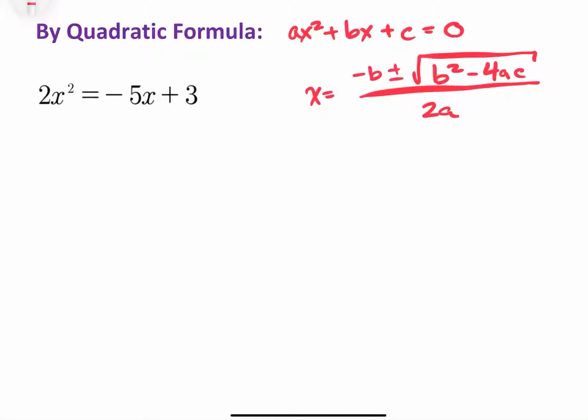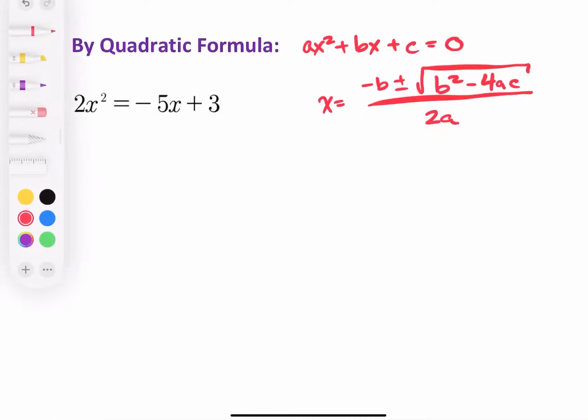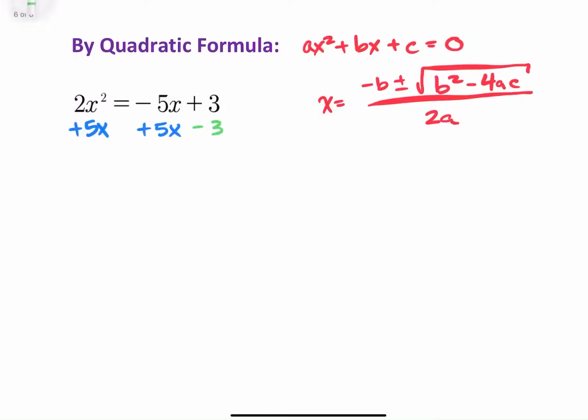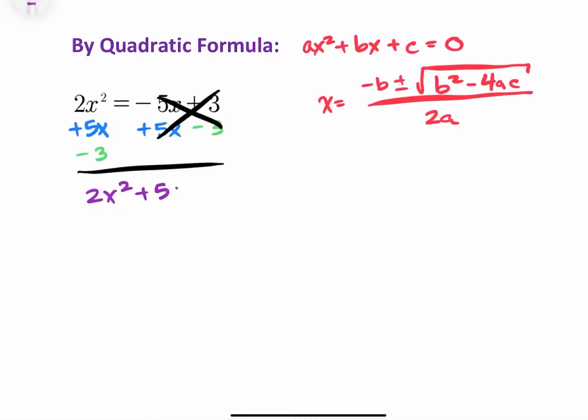Let's start off by getting this into standard form. We're going to get that negative 5x and that 3 over to the left. I'm going to add 5x on both sides, and at the same time subtract that 3, so the 5x and the 3 on the right cancel out, leaving us with the new equation 2x squared plus 5x minus 3 is equal to 0.